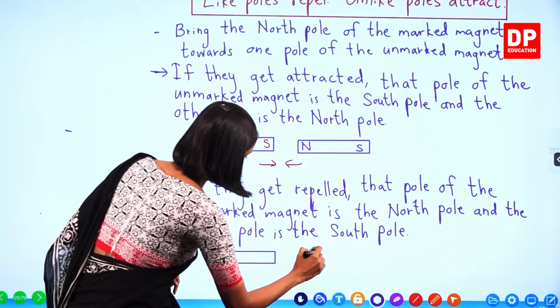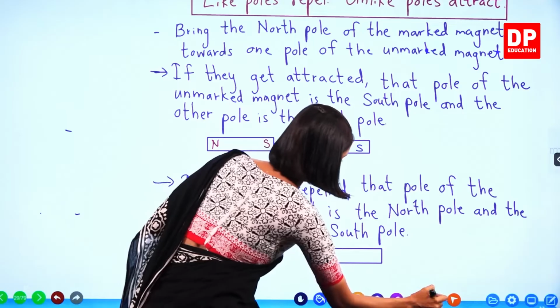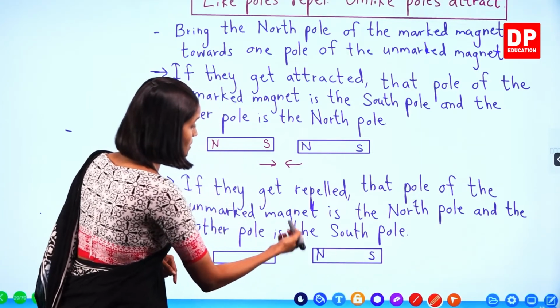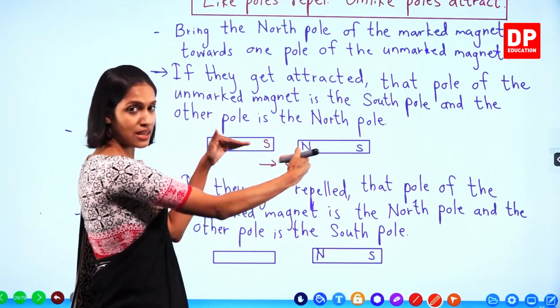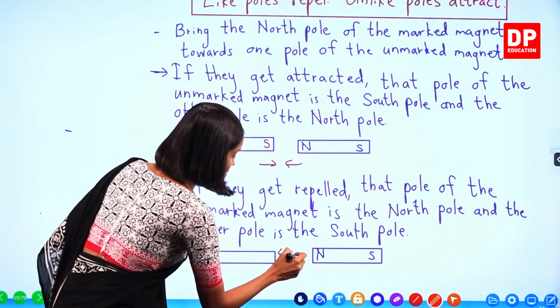If these two are the magnets, this is the known magnet, this is the unknown magnet. What will happen if they get repelled? Here they get attracted, they come close to each other. This one they repel. I will put arrows like this.